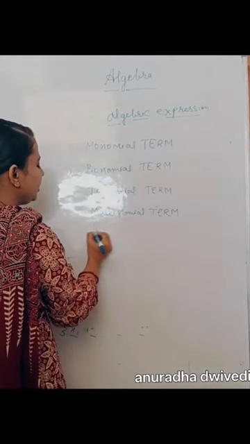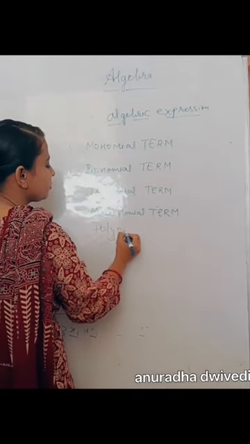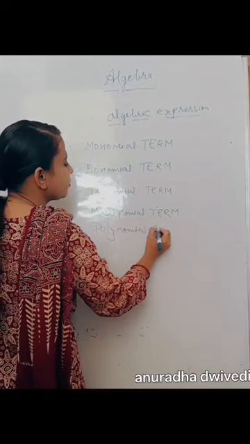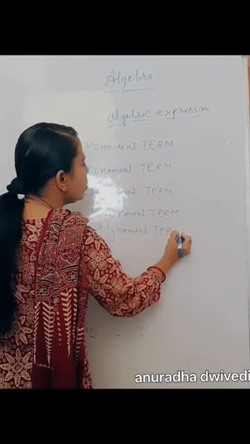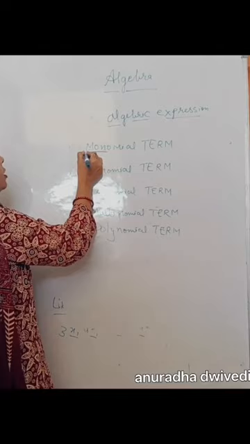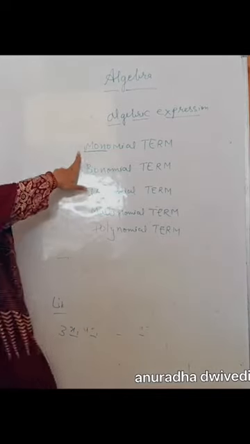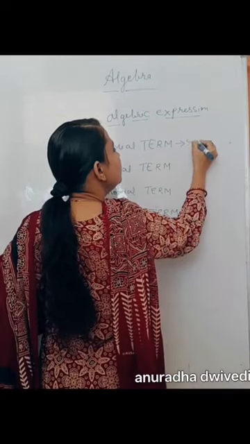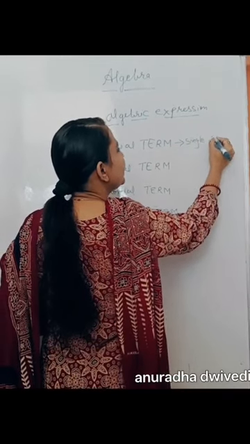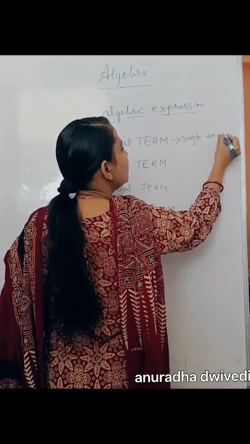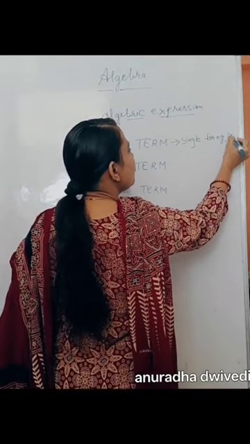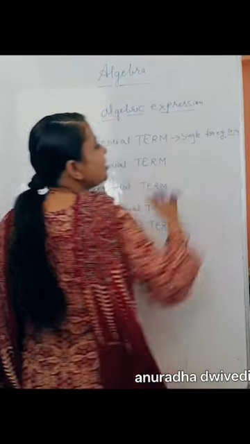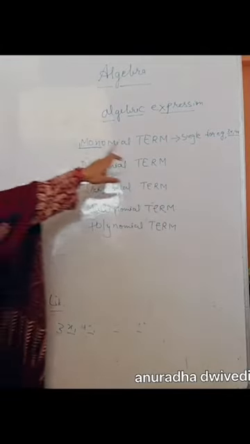Then polynomial term. The word mono denotes single. What is the meaning of mono? Mono is a single term. When the number is in a single term, for example 3x, 4y, that is called a single term, the monomial.